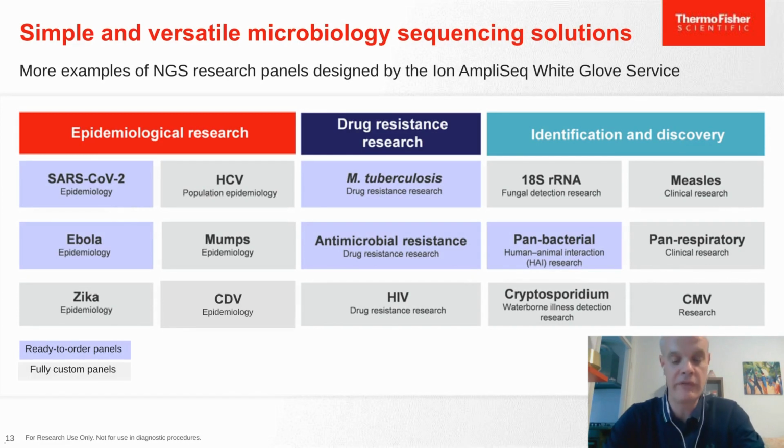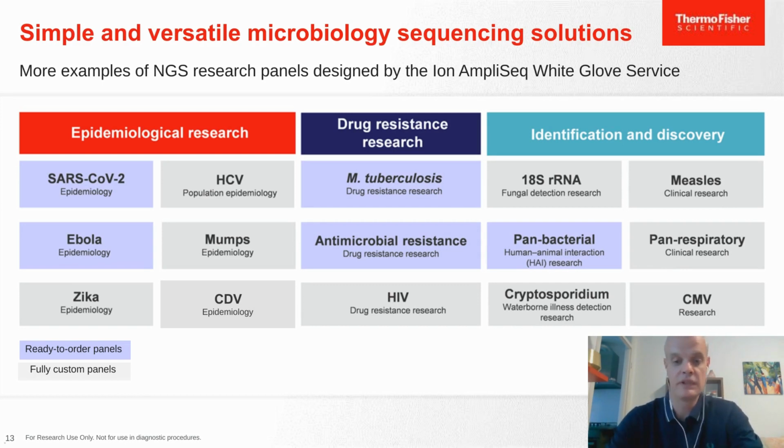Just to summarize then, when it comes to infectious disease, we have different research areas. There might be more than this, but in general: epidemiological research, drug resistance research, and identification and discovery. It's the 3 examples I just gave you.